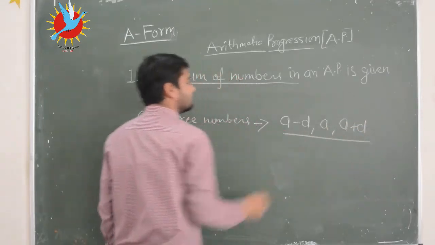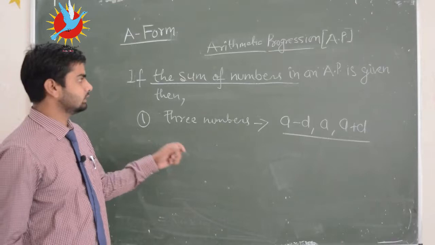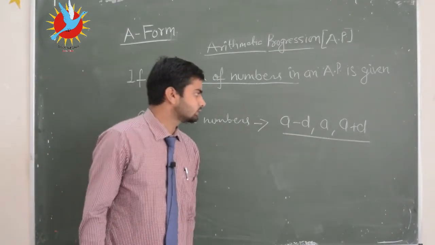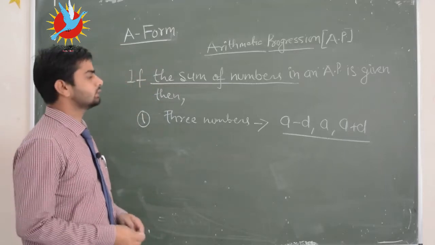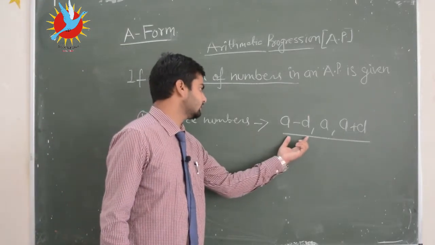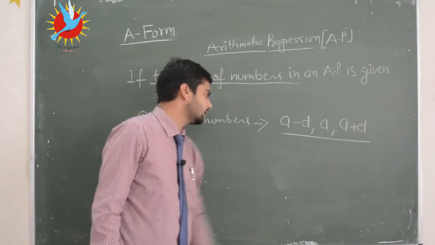If the sum of 3 consecutive numbers is given and we want to calculate the 3 numbers, then for our convenience we will take the numbers as a minus d, a and a plus d.